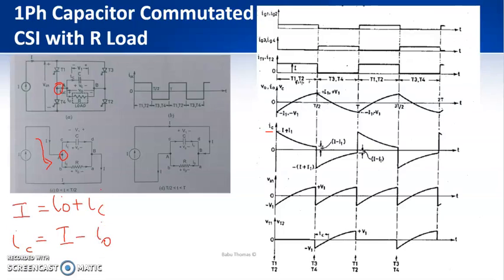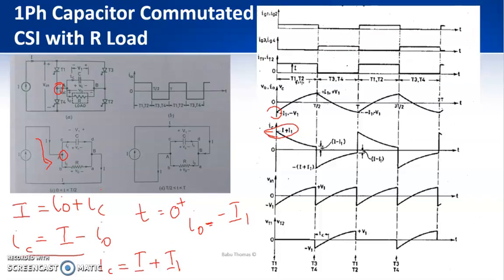At the instant of t equal to 0 plus, I0 is minus I1. Therefore, substituting it in this equation, I can write IC is equal to I plus I1, that is I minus of minus I1. That is plotted over here.